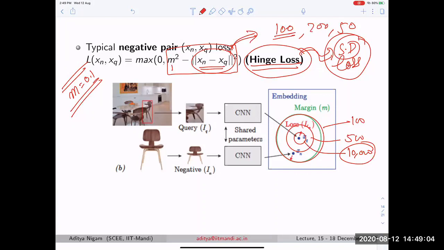Maybe at some point you will understand, but we will start with a very small value. If I say that the margin should be 5 kilometers in whole India, you will find that one guy is here and the other person has to be at 5 kilometers. Otherwise you are going to get a loss. Then every person is going to have a loss, and it's actually a very big margin.